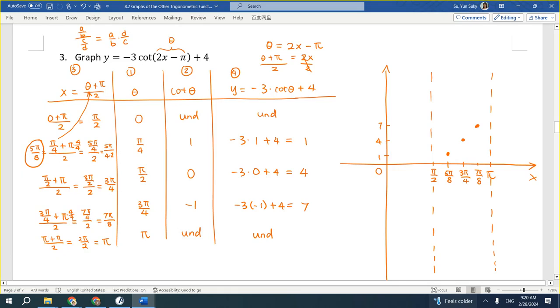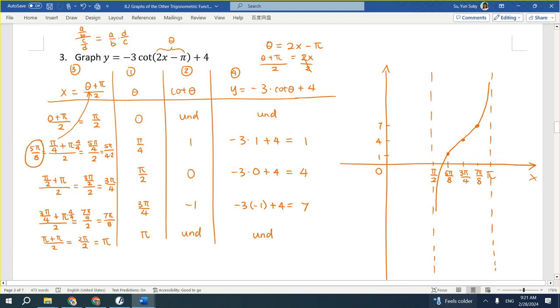Now we connect them together. Can you imagine? So cotangent looks like this. So that's the center, right? So you imagine now the center is this point. Then you connect this point and approaching the vertical asymptote. Connect this point and approaching the vertical asymptotes. So it looks like this. Is that okay, everybody?